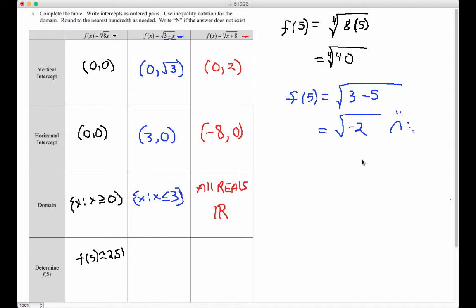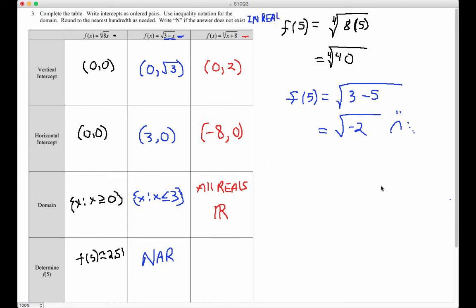Hopefully we would have seen that because we know our x's had to be less than or equal to 3, and we put a number bigger than 3 into there, so we were out of the domain, so that does not exist. So they say write an n in here, but how about you put in nar for not a real? So it does exist, it just doesn't exist in the real numbers. So it does not exist in the reals. Get it together, guys. It's not real.